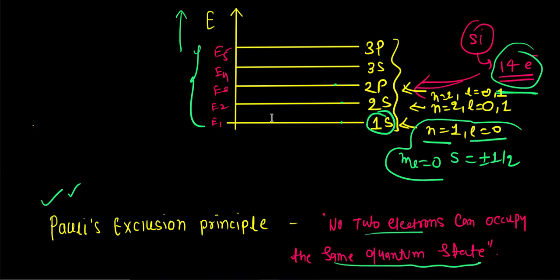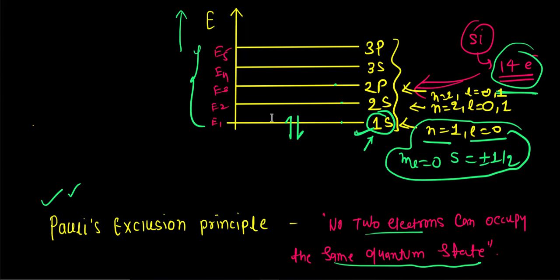So for 1s there can be only 2 quantum states, and this fact is also consistent with Pauli's exclusion principle. So there can be 2 possible electrons in the first energy level, which is 1s, because there are 2 quantum states available at this energy level.